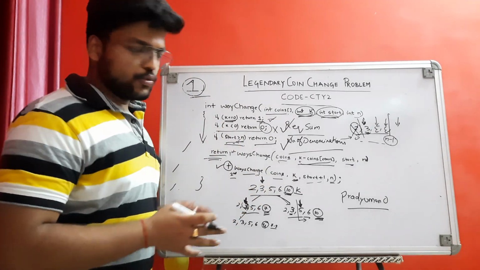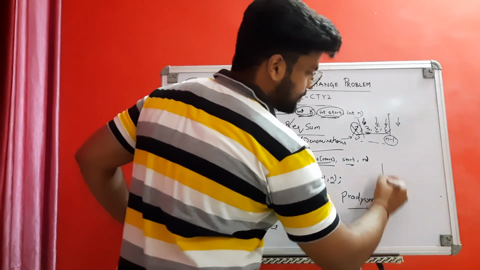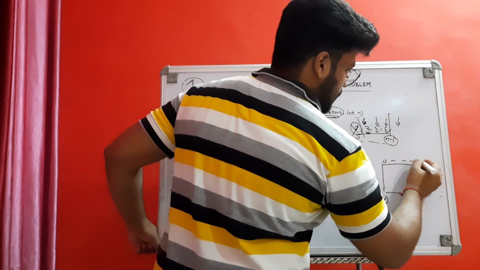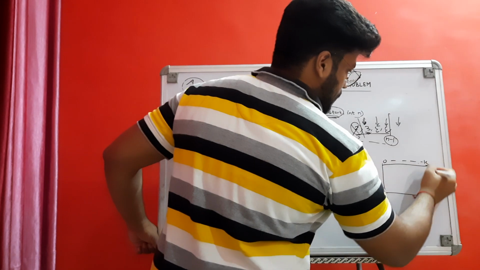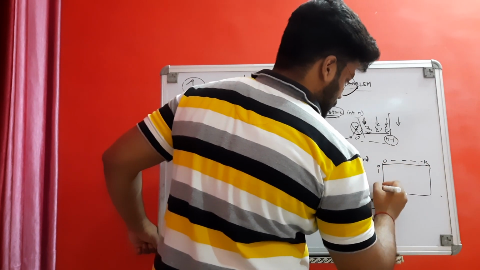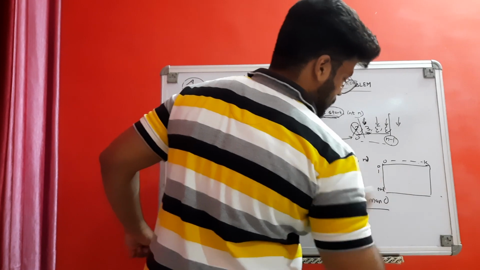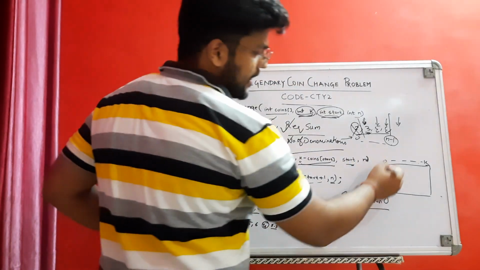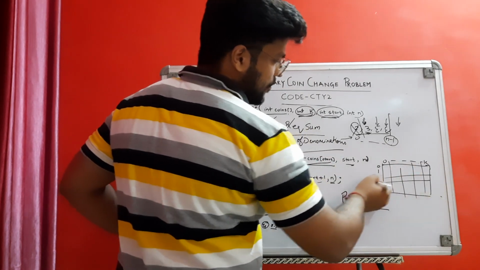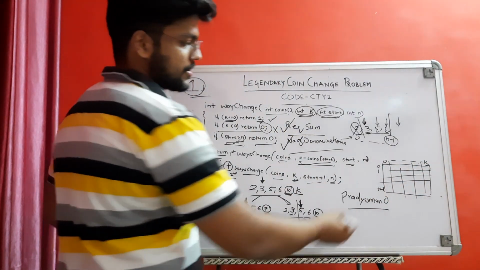I will take a 2D array for every possible k and every possible number of denominations.